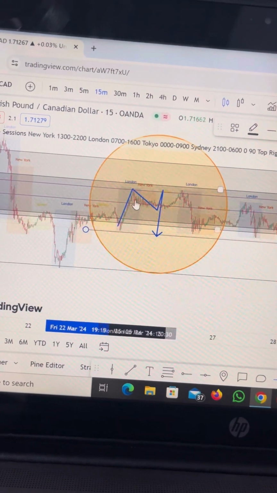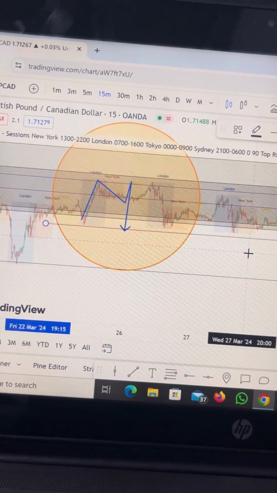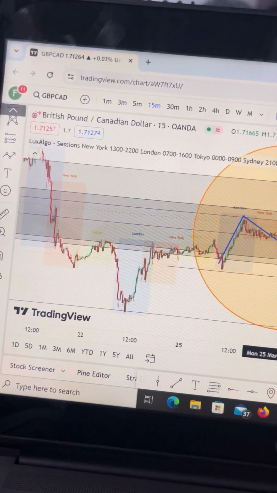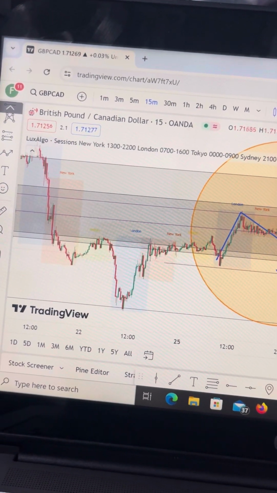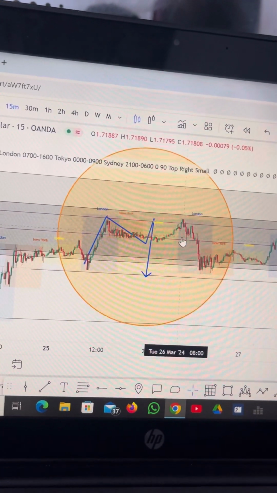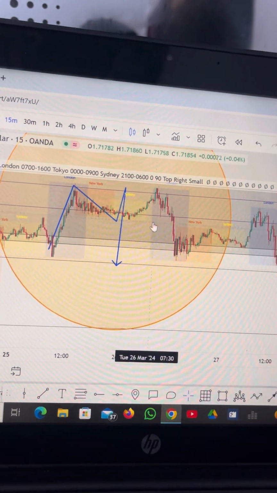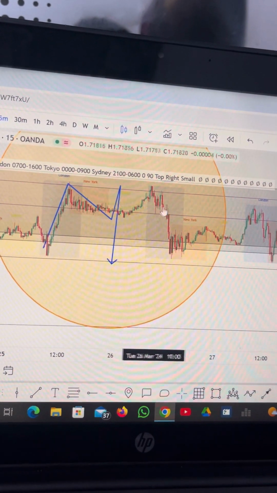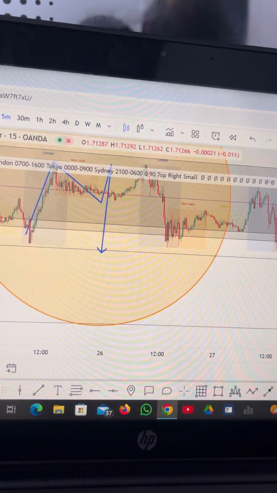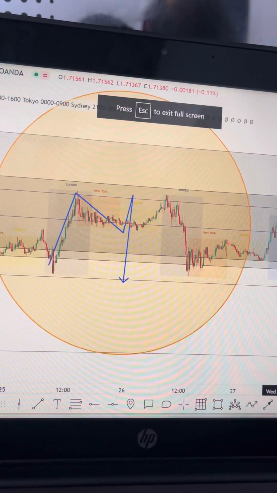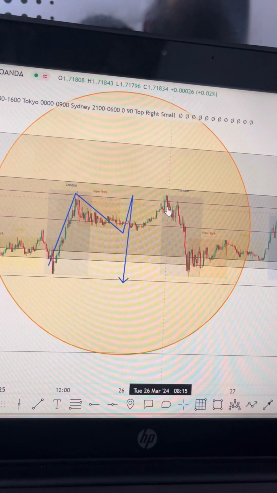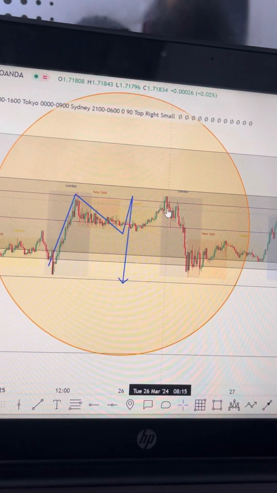So from my 15 minutes time frame, after waiting for a chart pattern formation, I still had to wait for another confirmation to back it up. That is candlestick formation. So I saw another bearish engulfing here in the London session.